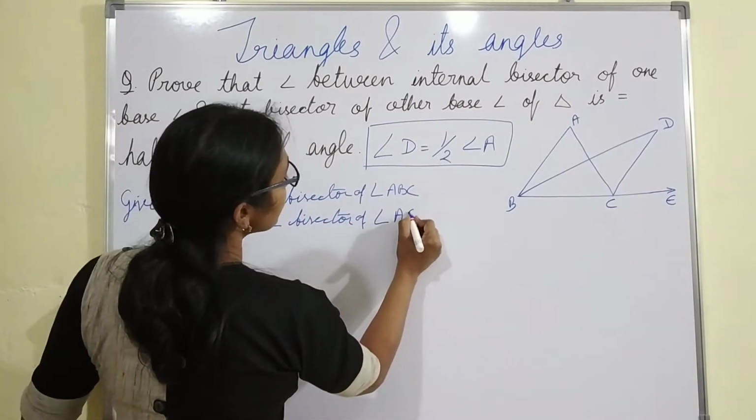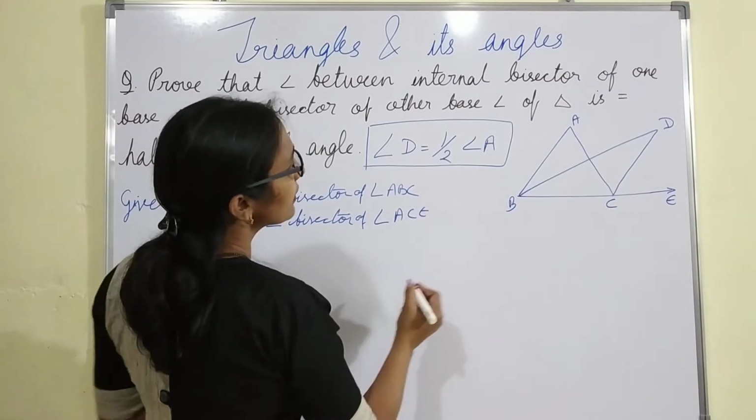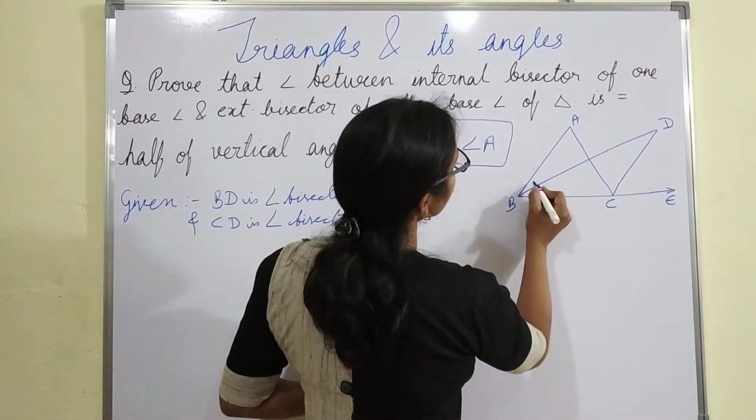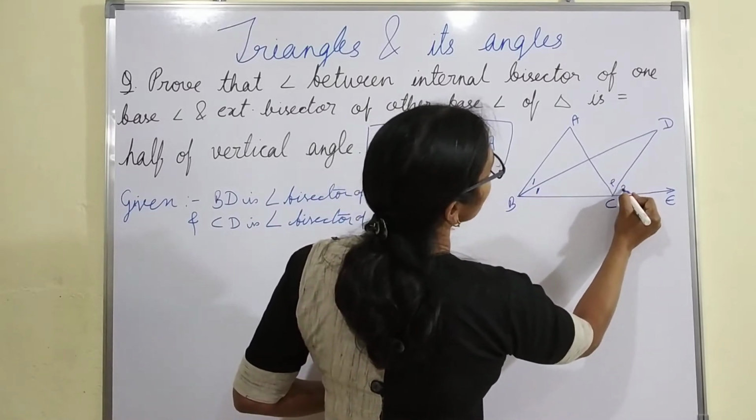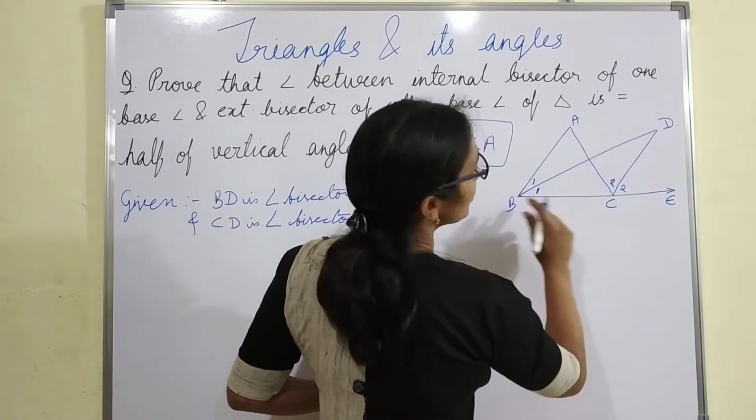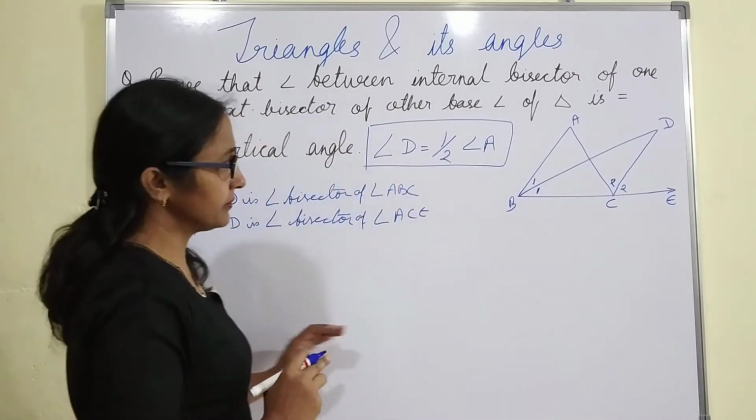Since they are angle bisectors, I am taking angle 1, angle 1, angle 2, angle 2, the same measurement.